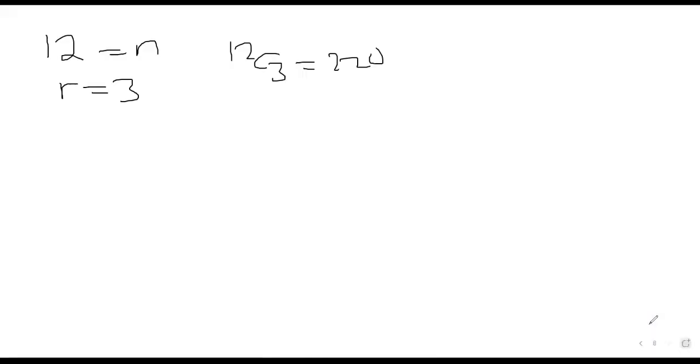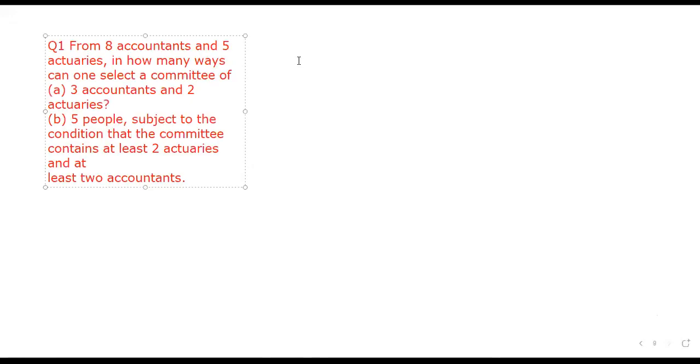So we are told in this question, from 8 accountants and 5 actuaries, so doing actuarial science, how many ways can we select 3 accountants and 3 actuaries?